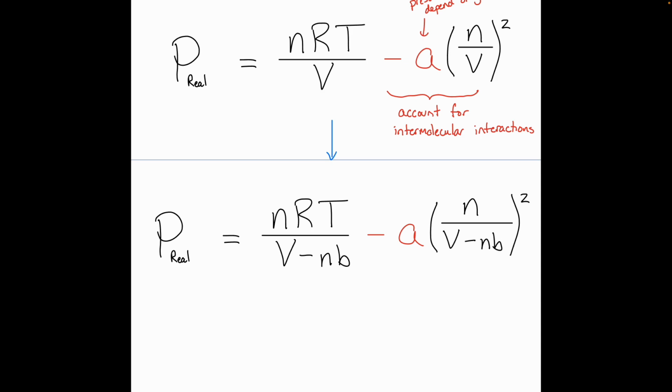Okay? So what we just did for our real pressure is we just plugged in our volume correction. They had those ideal volumes in our formula, so instead we're going to put in our corrected volume here.